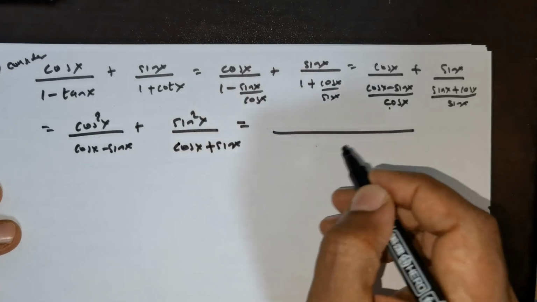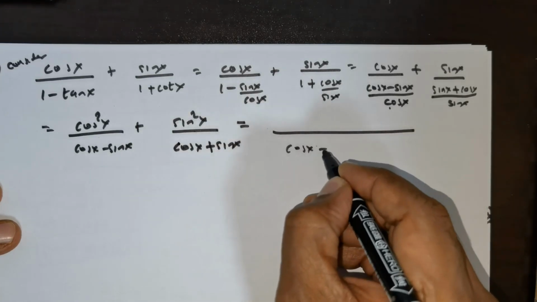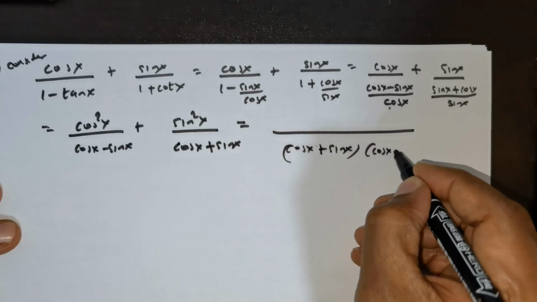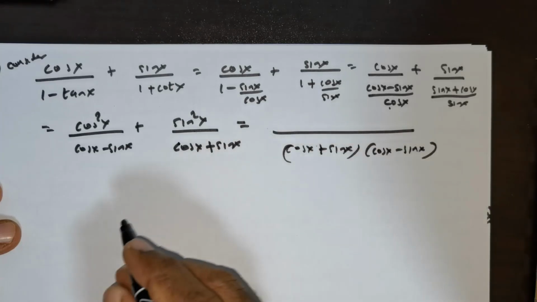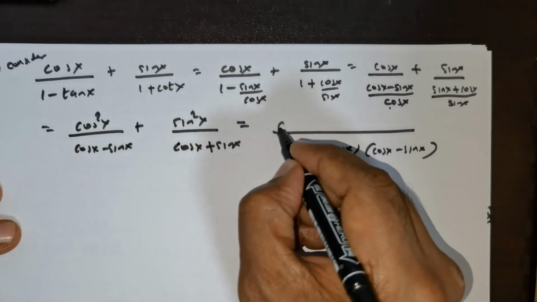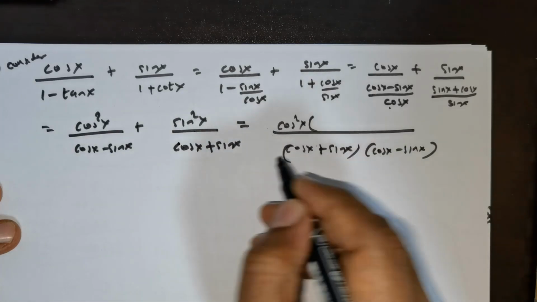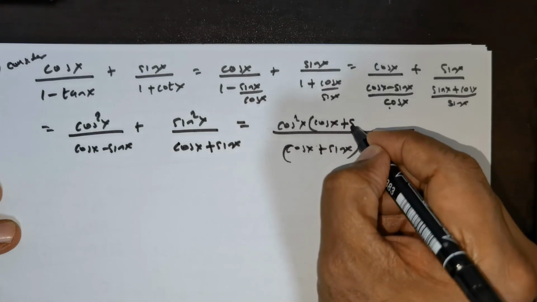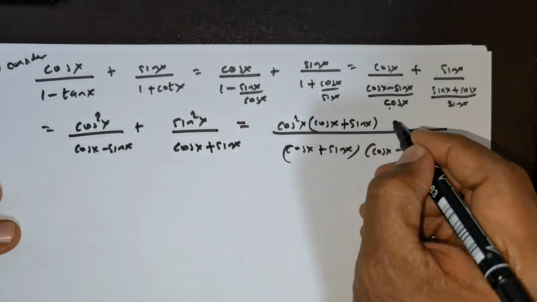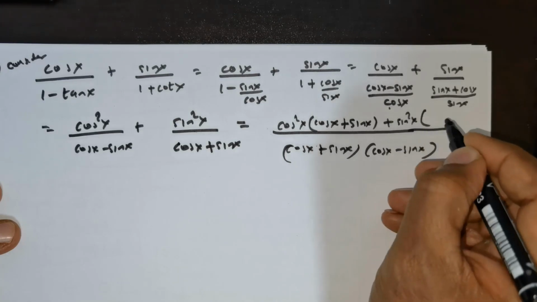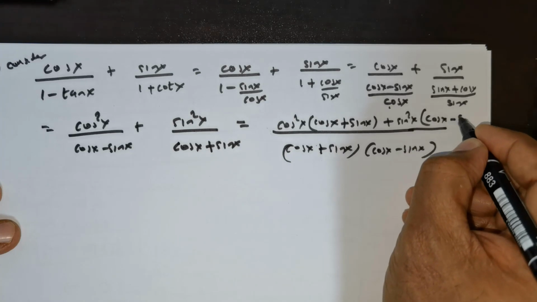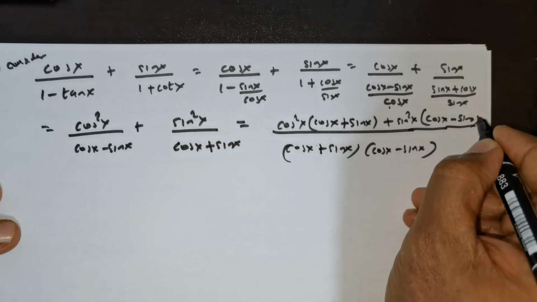So if I were to take the LCM as cos x plus sin x times cos x minus sin x, this would give me cos squared x times cos x plus sin x plus sin squared x, and this would give me cos x minus sin x, right?